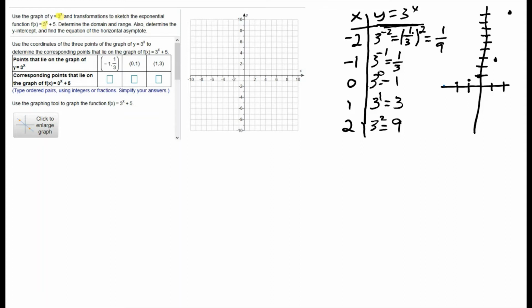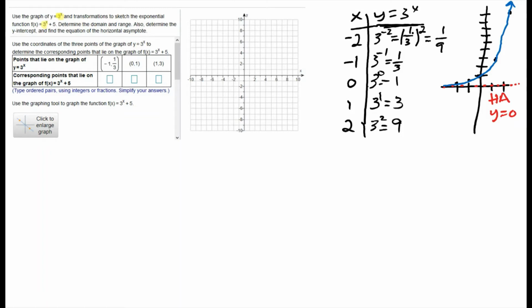So this is what the curve looks like. We do have a horizontal asymptote that is along the x-axis or at y equals 0. And so now we have an idea of what 3 to the x looks like.